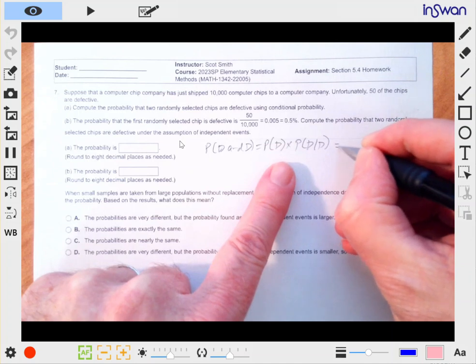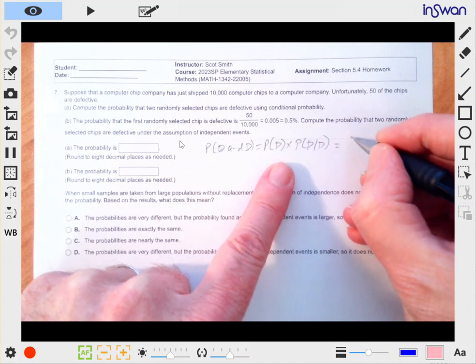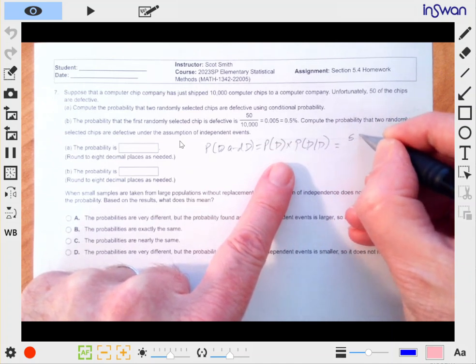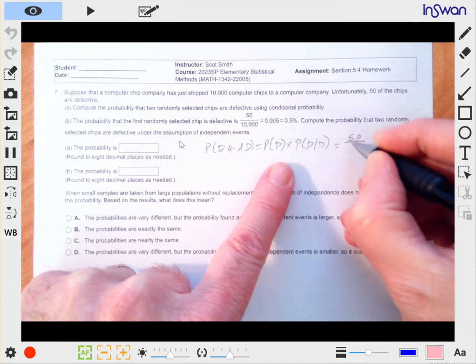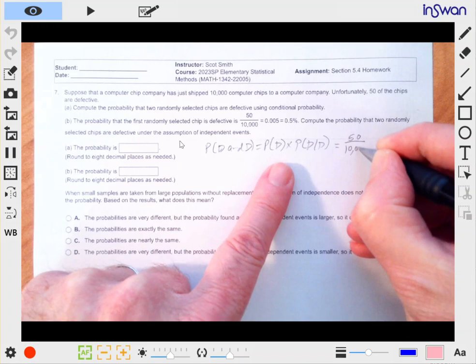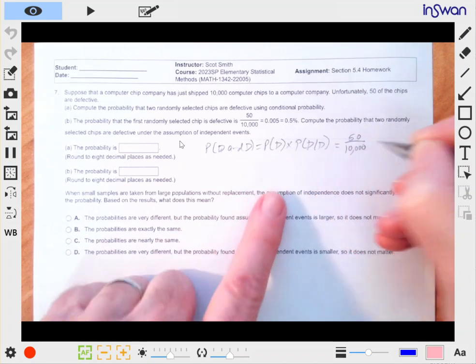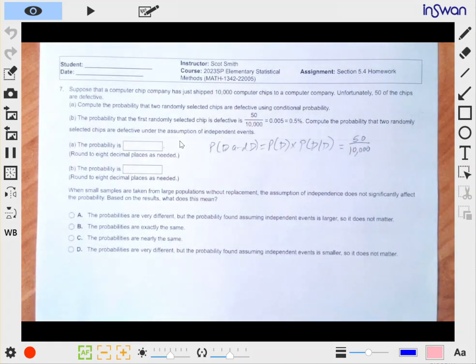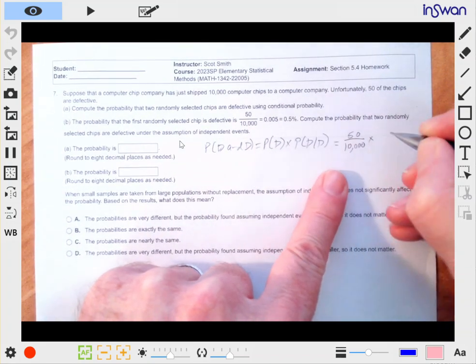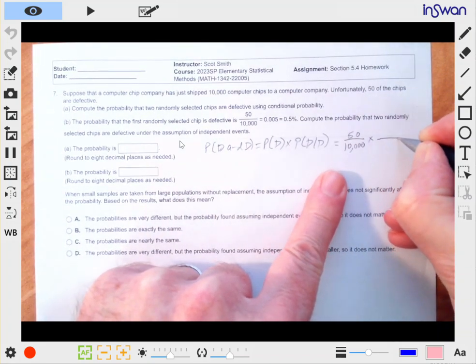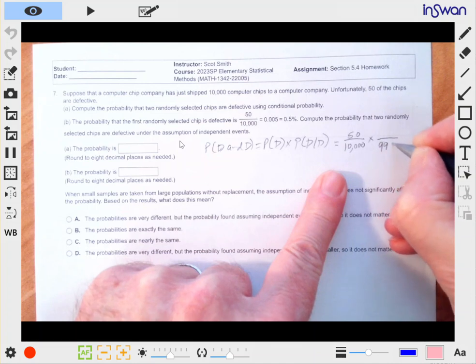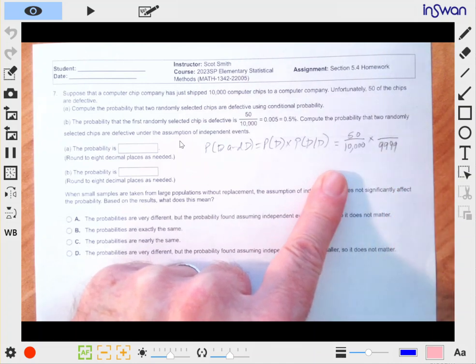So that would be, well, in the first case, you have 50 to choose from that are defective out of 10,000 total to choose from. So you have a 50 in 10,000 chance that you're going to get a defective chip. Now you've already chosen a defective chip, so now there's only 9,999 to choose from.